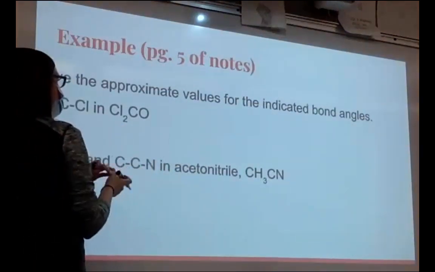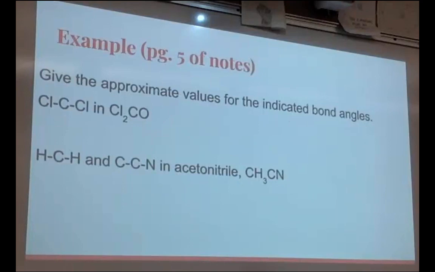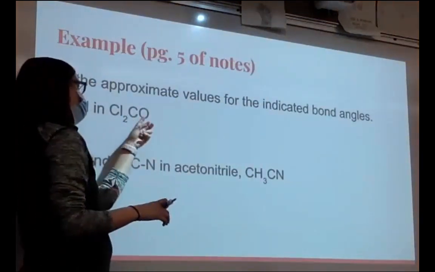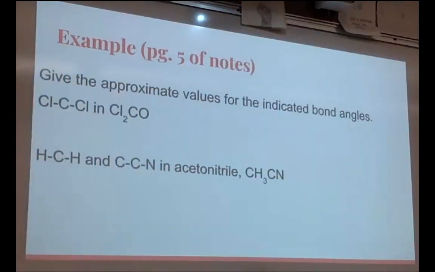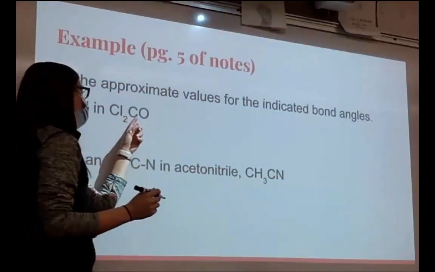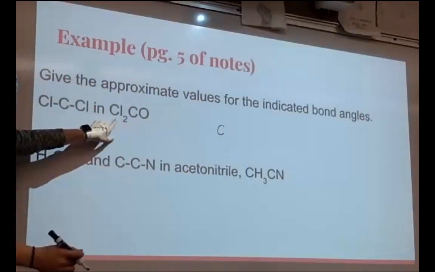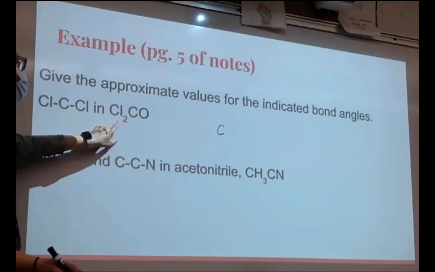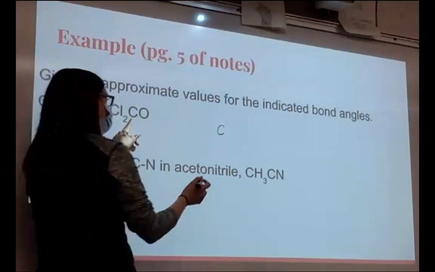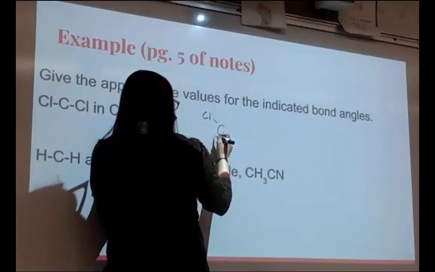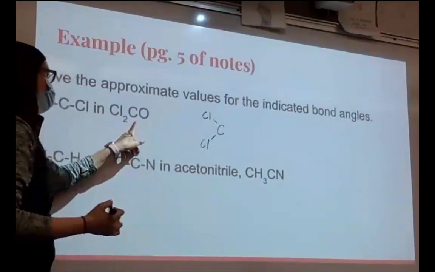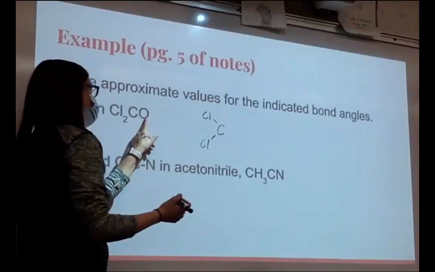So Cl2CO. Typically, the way that it's written tells you what the structure looks like. So we have 2 Cl's, 1 C, and 1 O. Remember that the least electronegative atom is still going to be in the middle, which is C. So Cl2 and C. That means that 2 Cl's are going to be bonded to C. So there's 1 Cl, another Cl, bonded to carbon, and the carbon is bonded to oxygen.